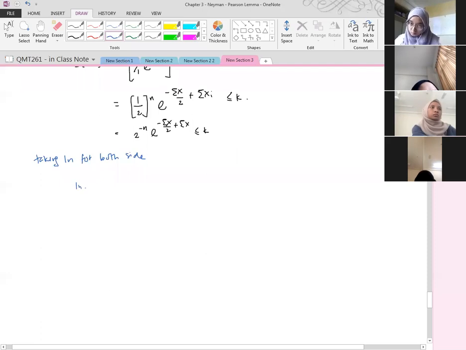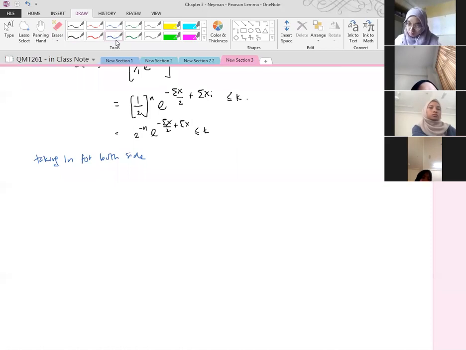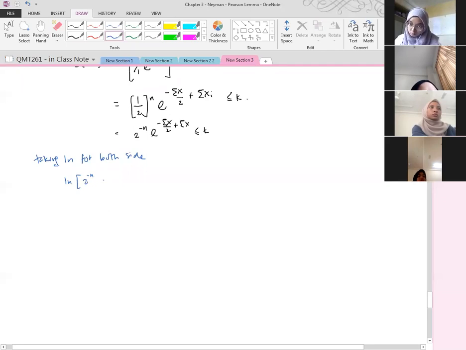So ln of 2 power of negative n, exponential negative summation of x divided by 2 plus summation of x, less than or equal to ln k. So it becomes negative n ln 2 plus summation of x. Do you have the negative over there?